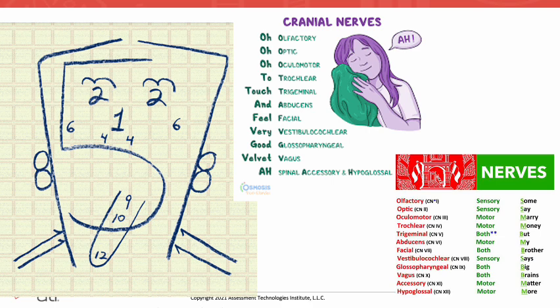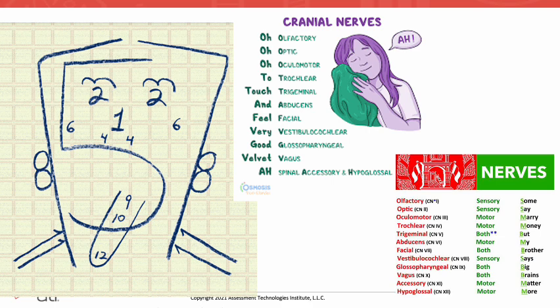So this slide gives you some easy ways to remember what each cranial nerve does, whether it's sensory or motor, and what the name of the nerve is. So the cranial nerves are the olfactory nerve, the optic nerve, the oculomotor nerve, the trochlear nerve, the trigeminal nerve, the abducens nerve, the facial nerve, vestibulocochlear, the glossopharyngeal, the vagus, and the spinal accessory or hypoglossal nerve.